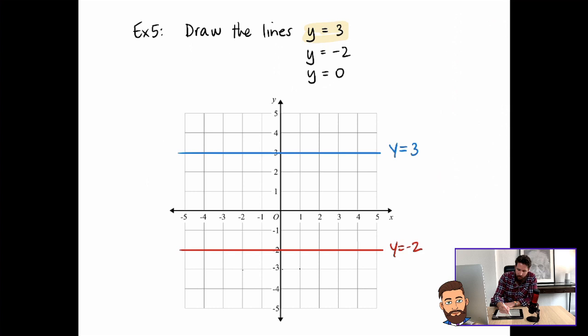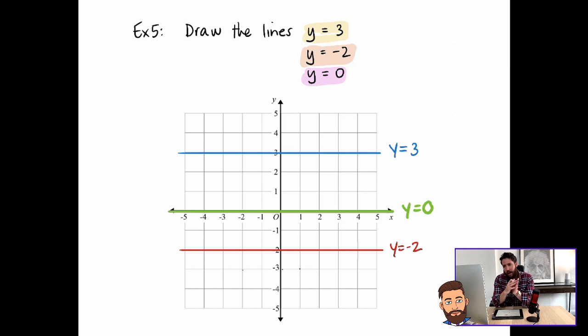And then finally, y equals 0. Well, what does that mean? That means a line that goes through the y-axis at 0. So through the y-axis at 0, what does that look like? Well, here's the y-axis, where's 0? Here. So through that, and again, this in fact is just the x-axis. This line here that I'm drawing in green is y equals 0.